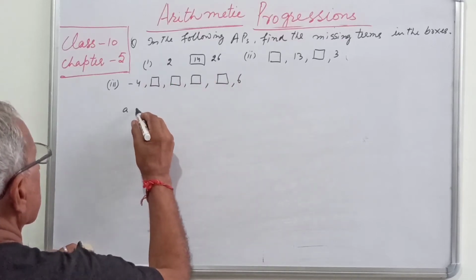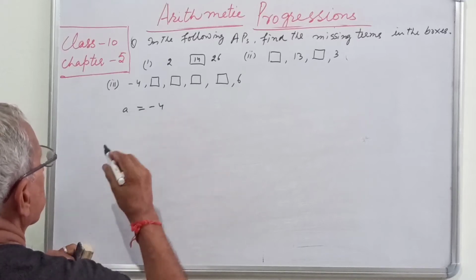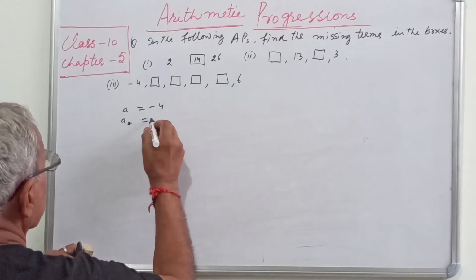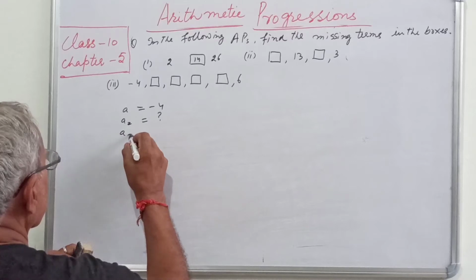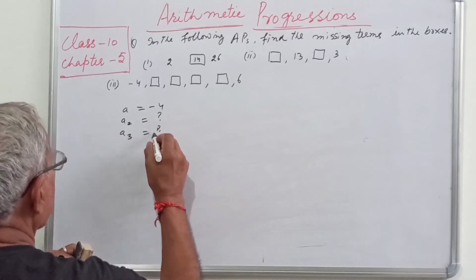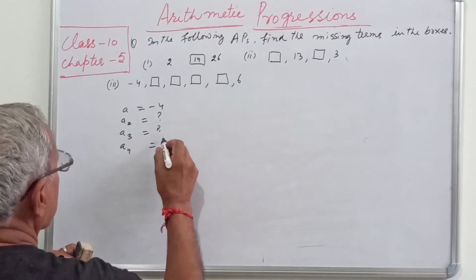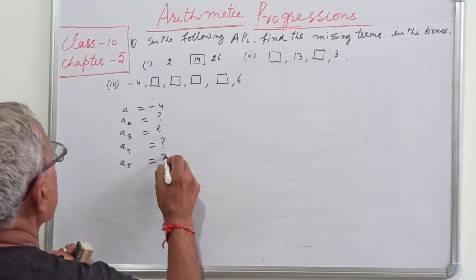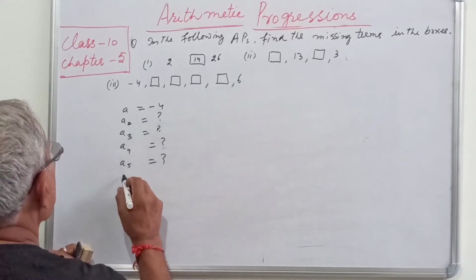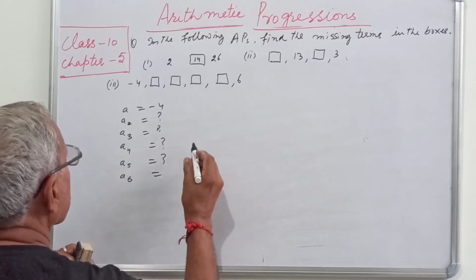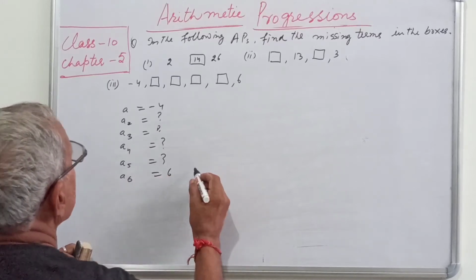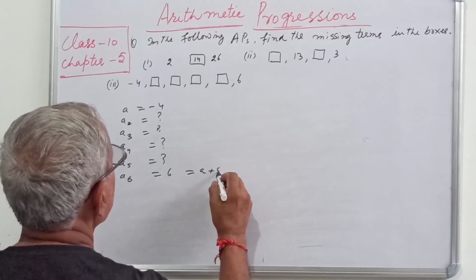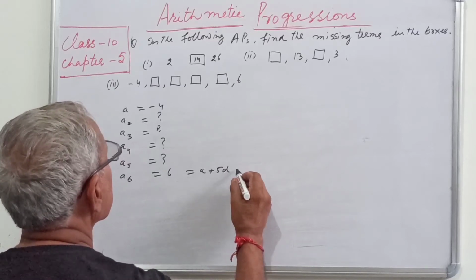So A1 is minus 4, A2, A3, A4 and A5 not given. So we have A6 is 6. So this is A plus 5D is equal to 6.